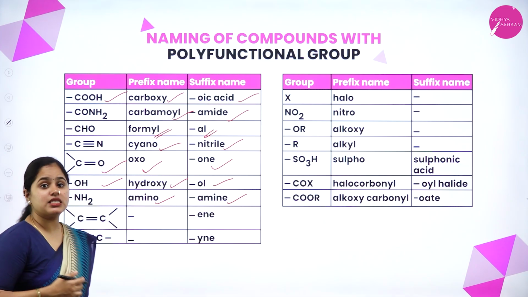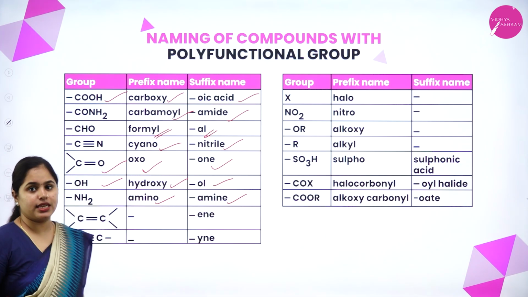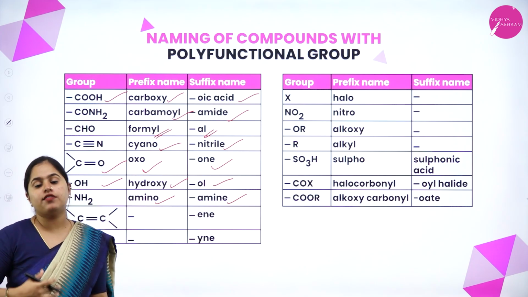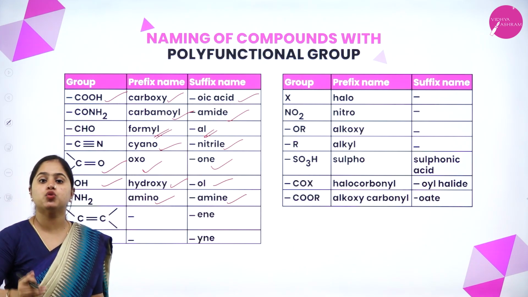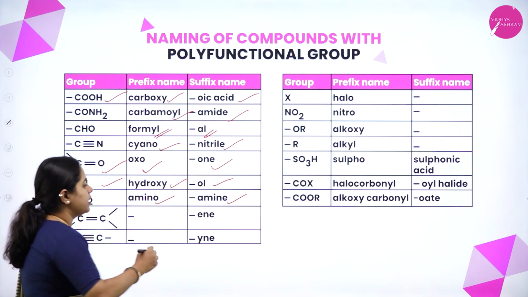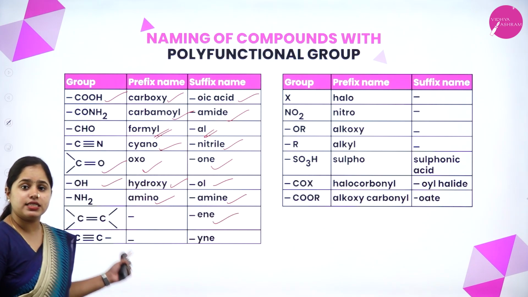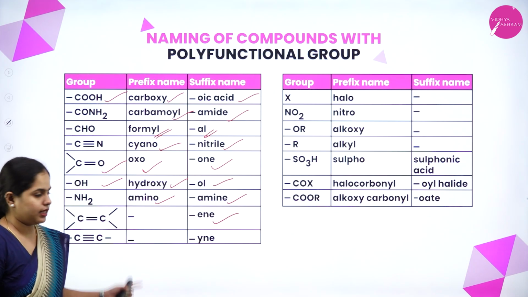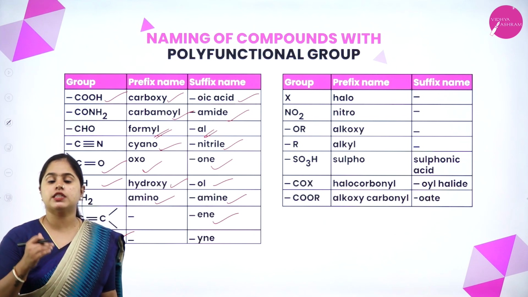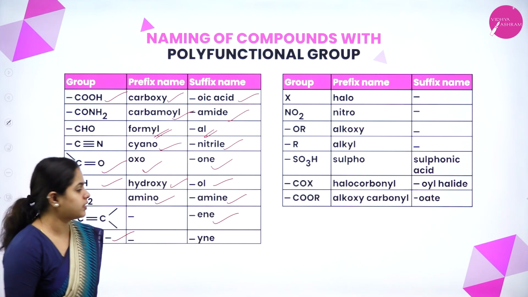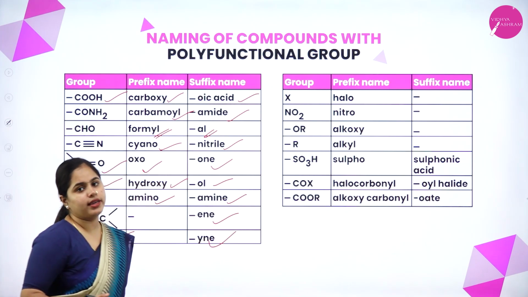Yes, next one is alkene, C double bond C. Alkene never comes as a prefix, it will always be a suffix, and that too the primary suffix, right? So it will be 'ene'. Next is alkyne, C triple bond C. Alkyne also never comes as a prefix, it will always be a suffix, and it will end with 'yne', right?